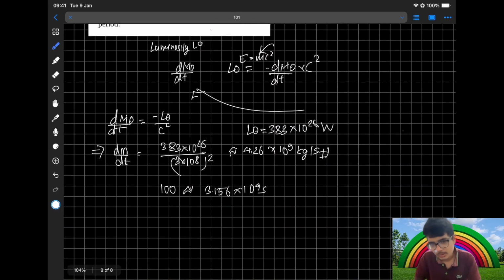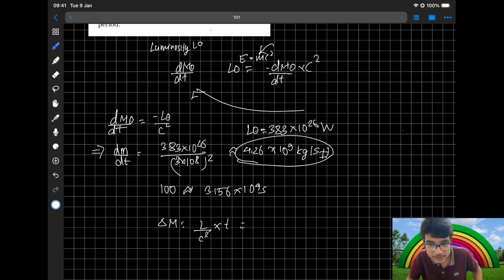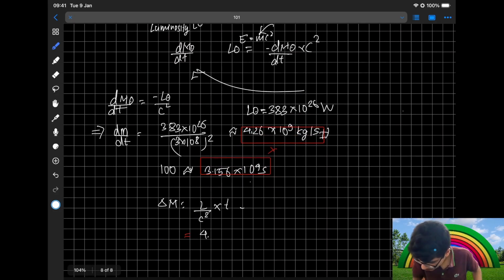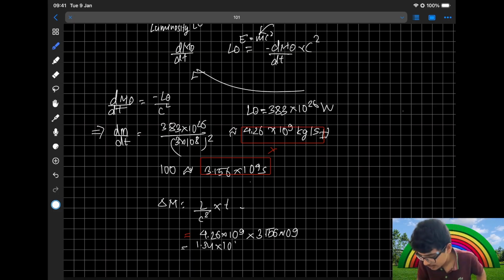To calculate delta M, the mass lost in 100 years, we have L divided by c squared, which is the mass lost per second, multiplied by T. So we multiply 4.26 times 10 to the power 9 by 3.156 times 10 to the power 9, and that comes to about 1.34 times 10 to the power 19 kg.